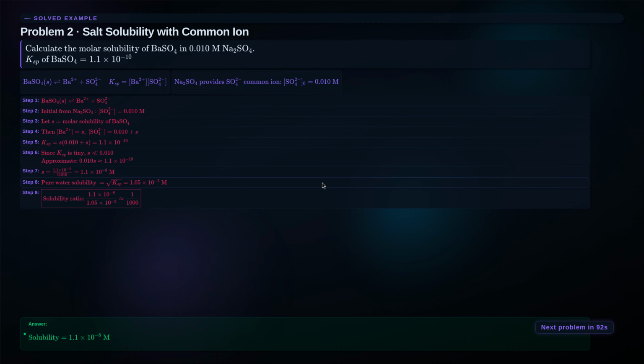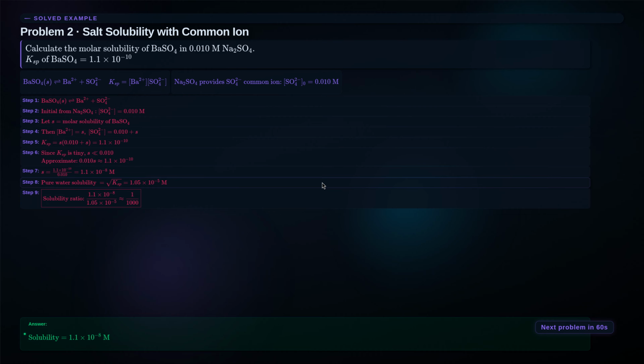Initial sulfate from Na2SO4 is 0.010 molar. Let S equal the molar solubility of BaSO4. Then Ba2+ equals S, and SO4 2- equals 0.010 plus S. Step 2. Ksp equals S times (0.010 plus S) equals 1.1 times 10 to the negative 10.